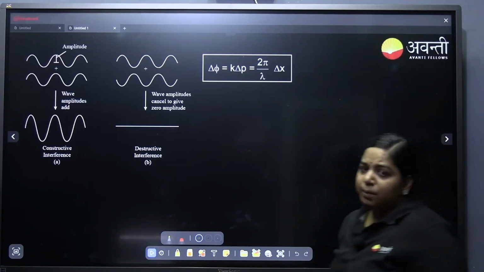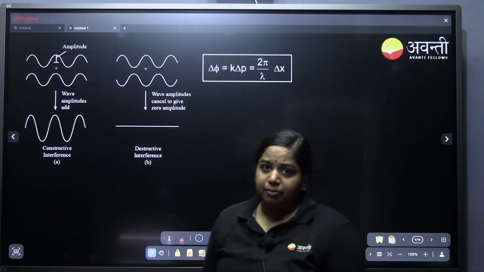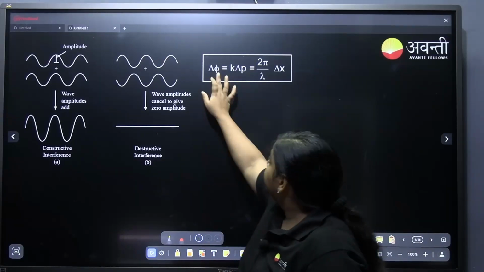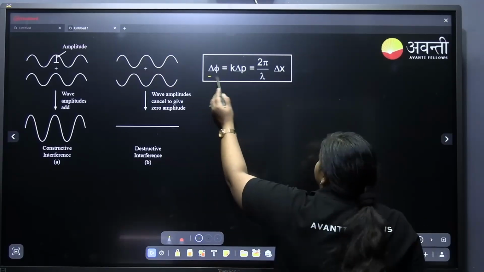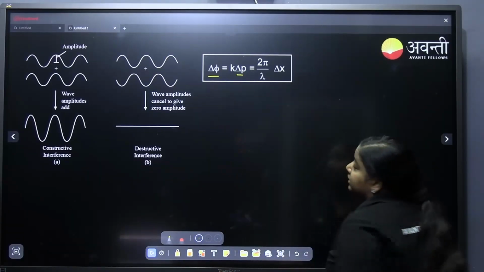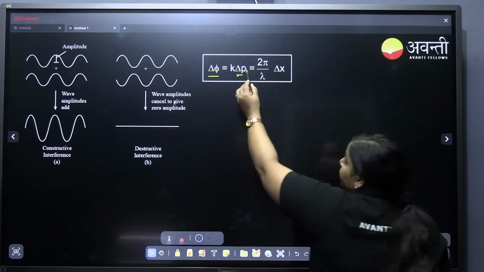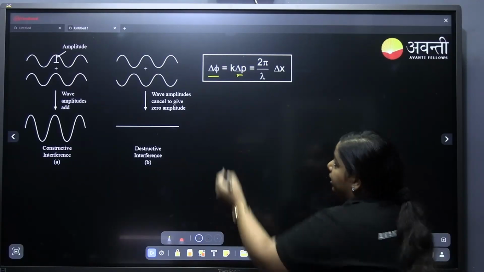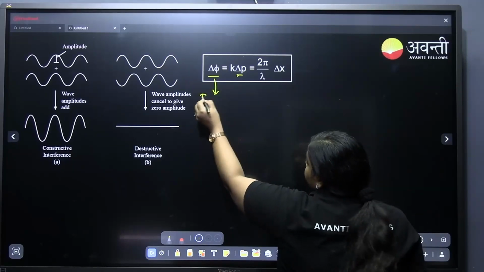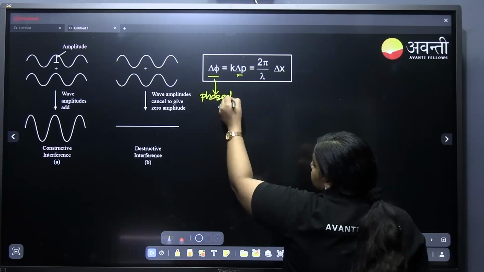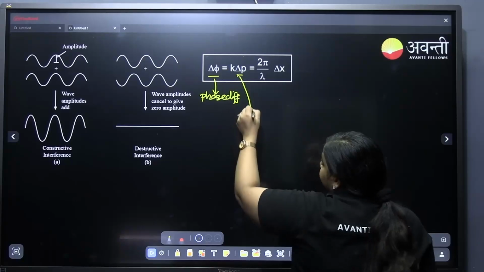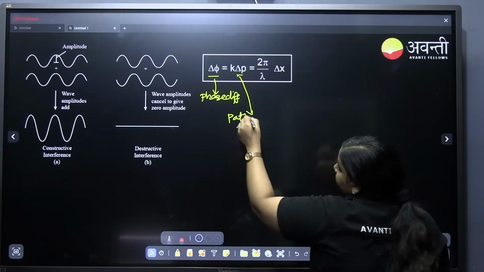Before going into intensity and amplitude, we can see that there is a relation between phase difference and path difference. Phase difference is equal to k into path difference. Phi is the phase difference and delta p is the path difference.